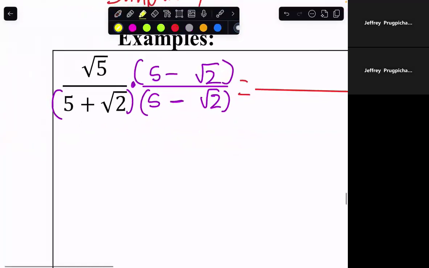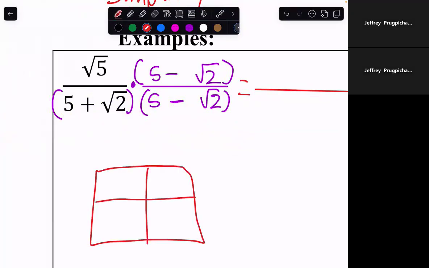Let's see how the denominator multiplies out. I'm going to organize it this way. I've got 5 plus radical 2 times 5 minus radical 2.